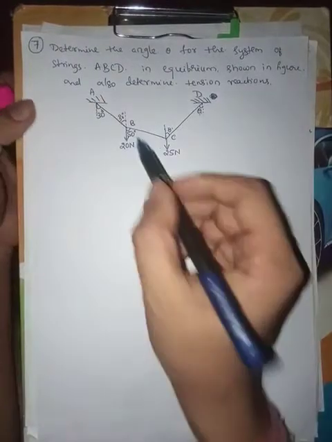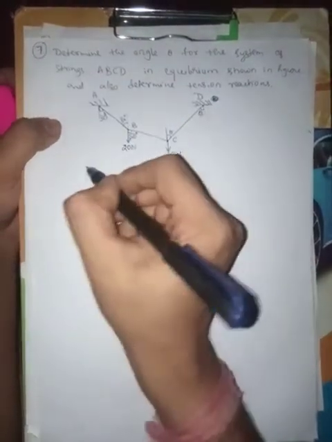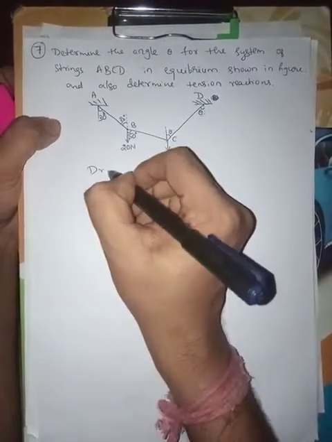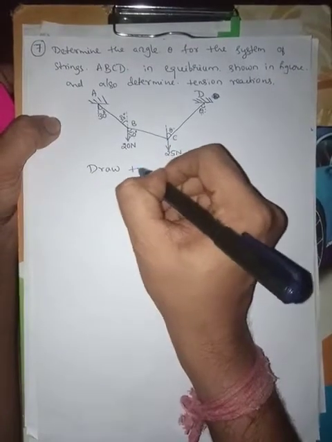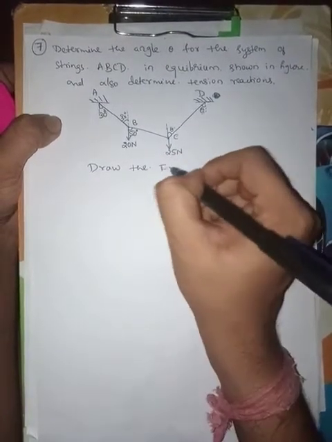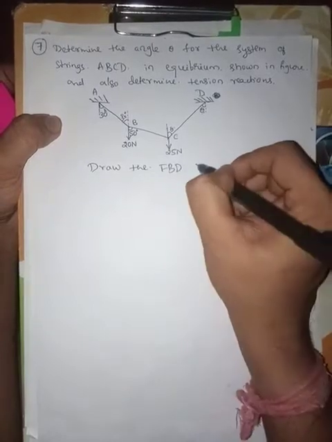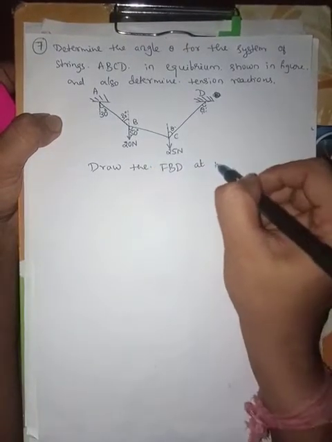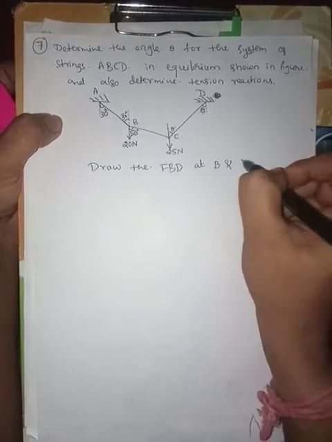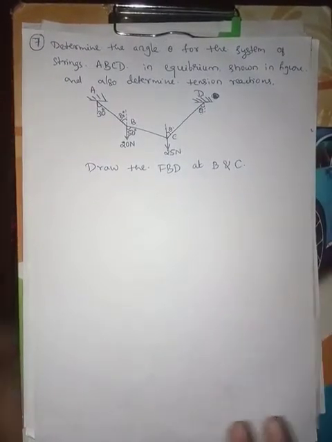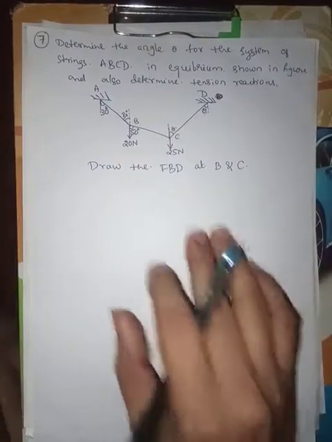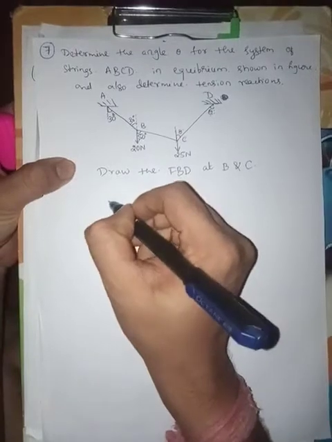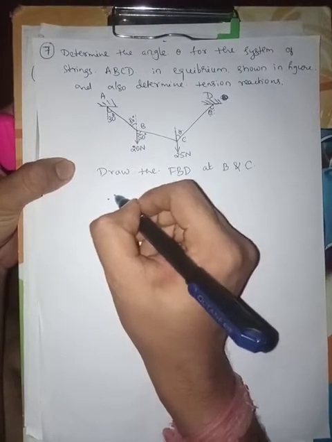So draw the FBD at B and at C. First we draw the free body diagram for B. So for B, what are the forces acting here?